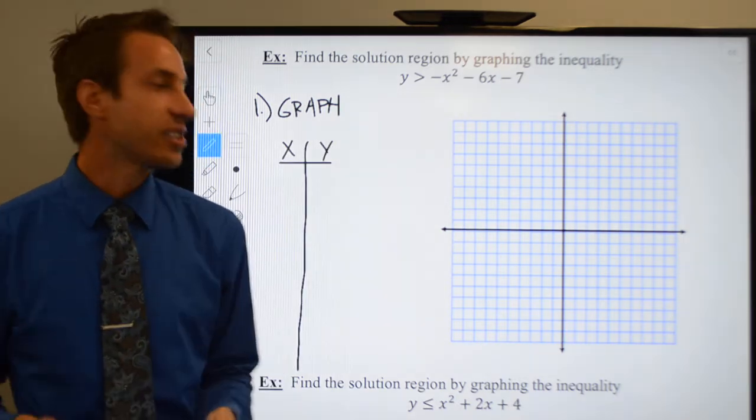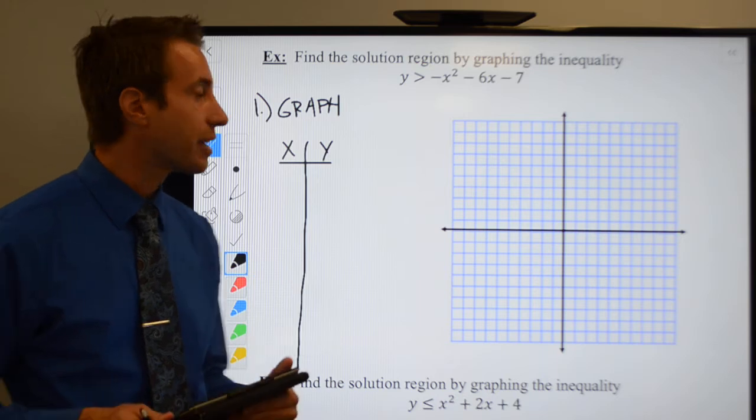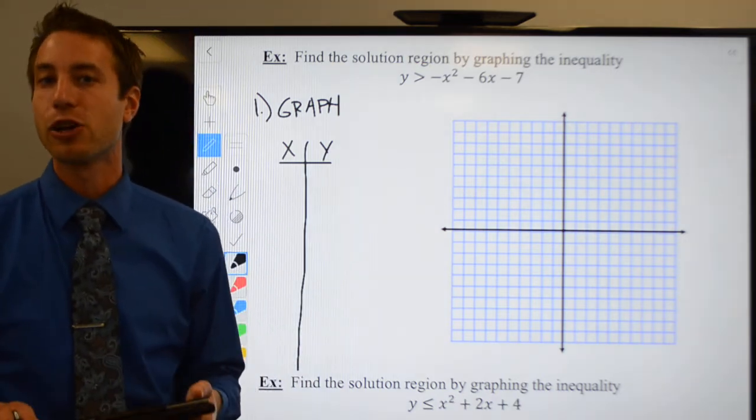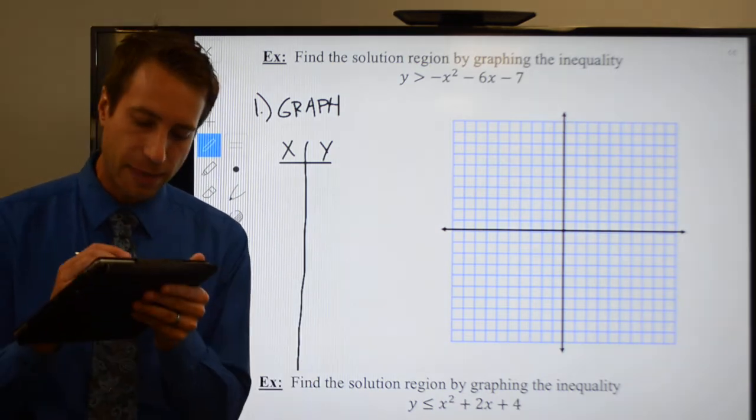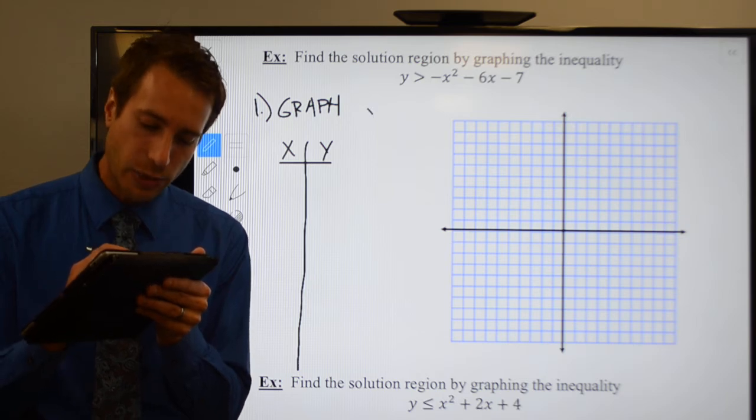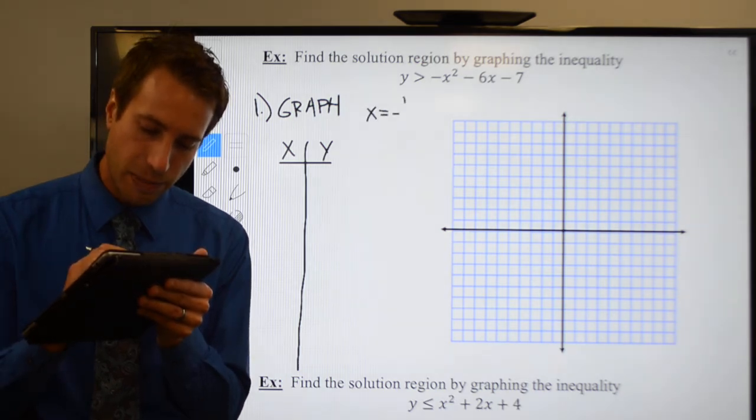Now remember, in order to set up a chart, the very first value that goes into the chart is going to be the value of x that represents my axis of symmetry, which I find by doing x equals negative b over 2a.